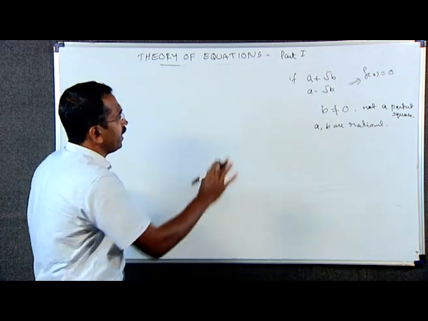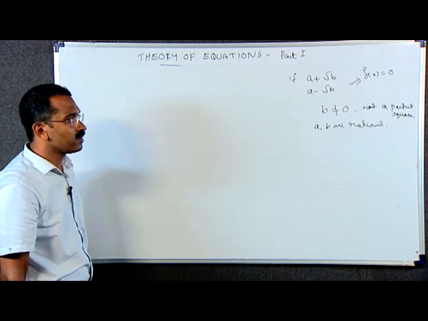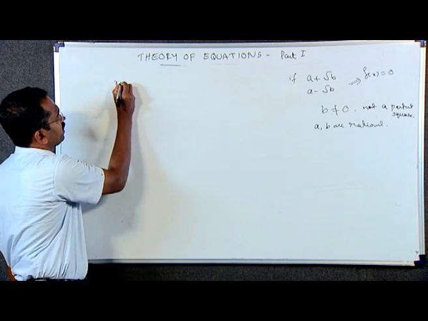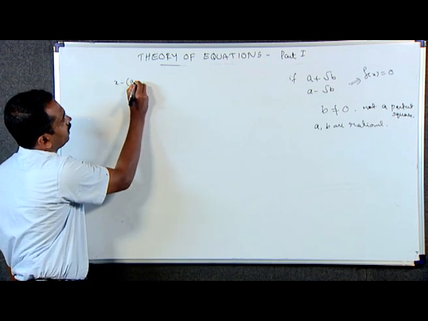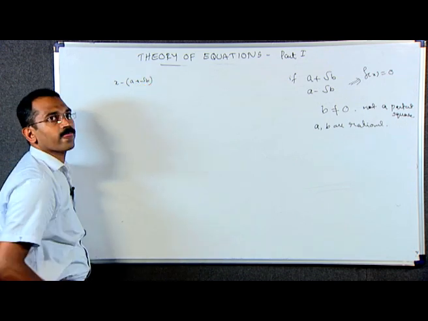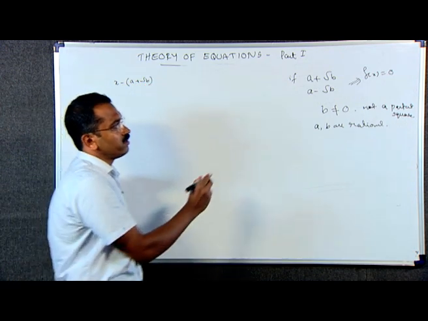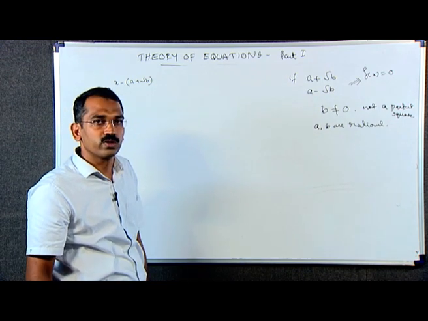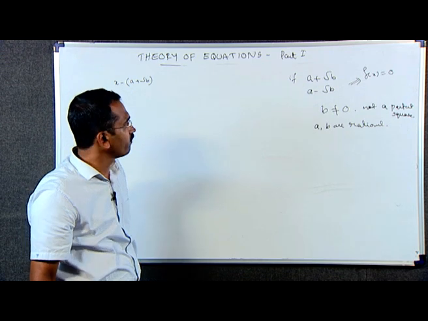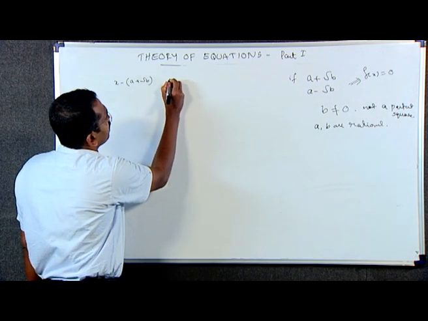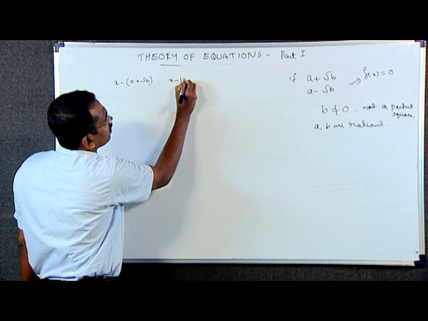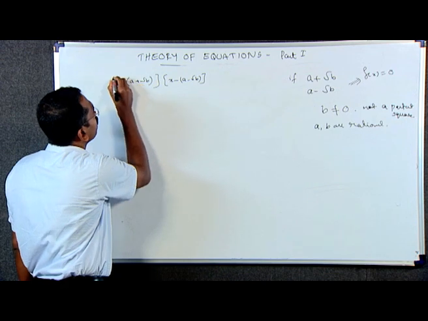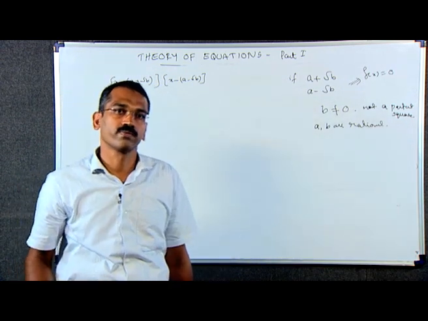Now, a + √b is a root of the equation f(x) = 0, means we can write the factor as x − (a + √b). And we claim that a − √b is also a root of the same equation f(x) = 0. Therefore, we can write the factor as x − (a − √b). Now, consider the product of these two factors.